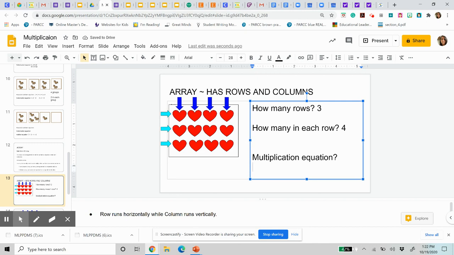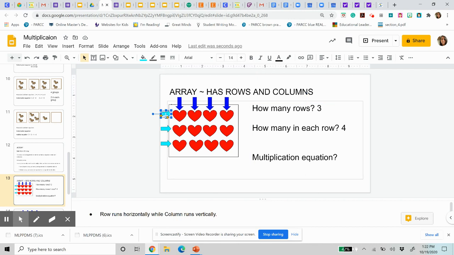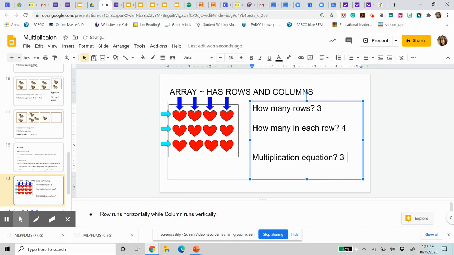Row 1, row 2, row 3. Our multiplication equation could be 3 times 4. If I asked for your repeated addition, that still works.